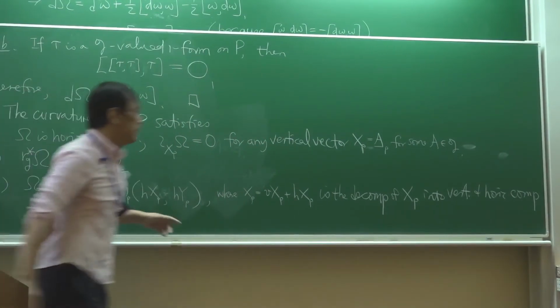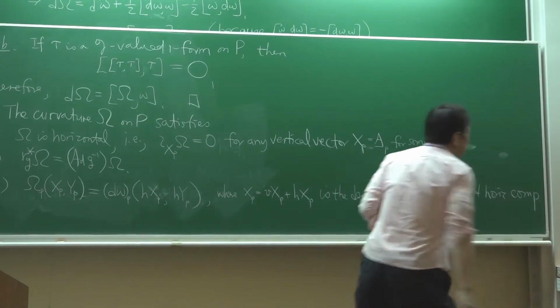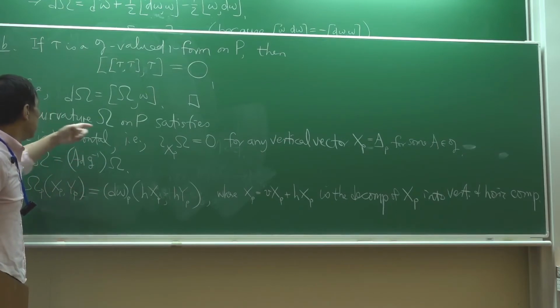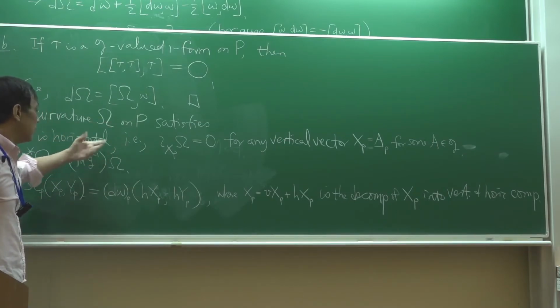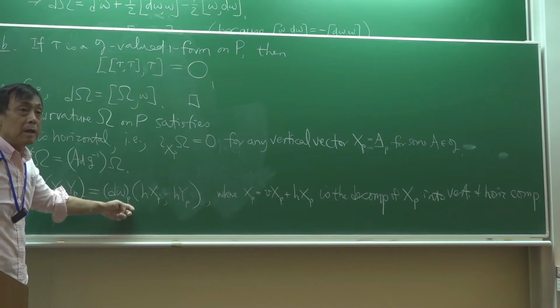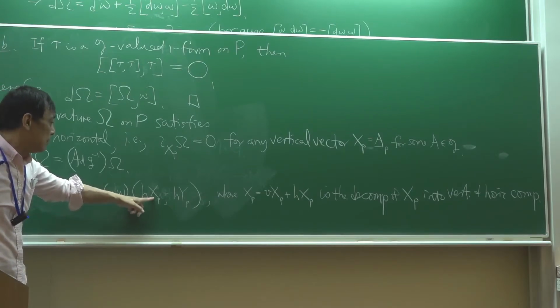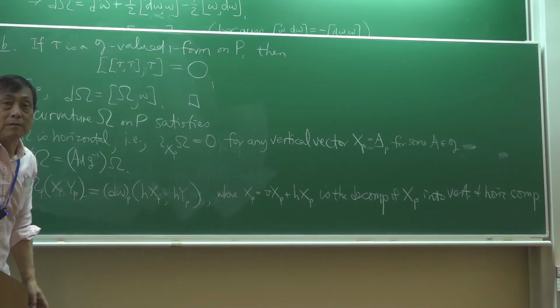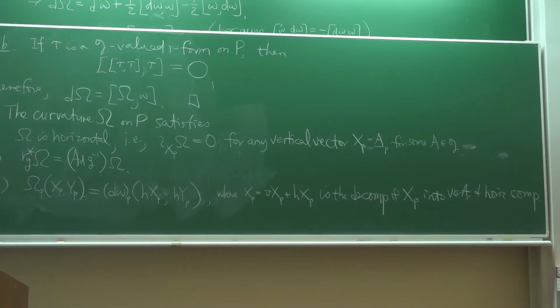So if you can prove this formula, then it will show that the curvature is horizontal, because if you have a vertical vector, then its horizontal component is 0. So 1 follows from 3.